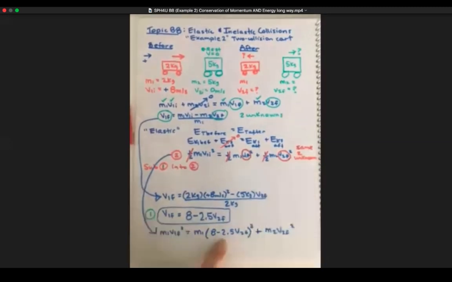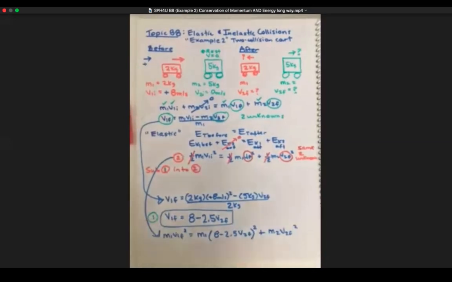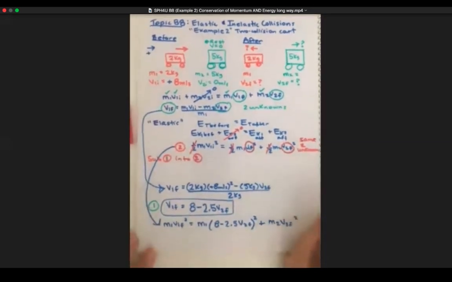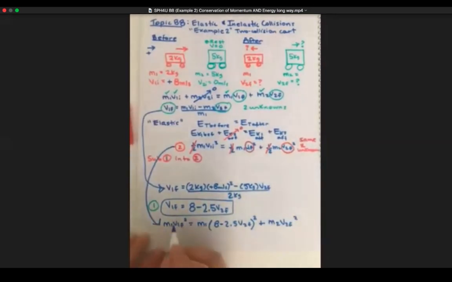So normally I don't want you for form to have a combination of numbers and variables, but this is a messy enough type of problem that that's fine. So we're going to sub in the rest of the numbers.